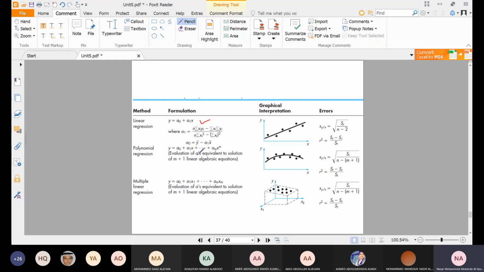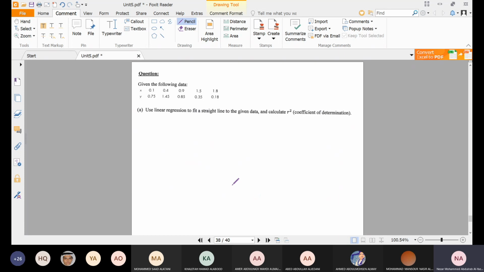Here also we have polynomial, if we have only one variable but with higher order. And this will be the error, and this is the coefficient of determination. And here we have multiple linear regression. We have multiple variables, not only one variable. That's what we studied here.